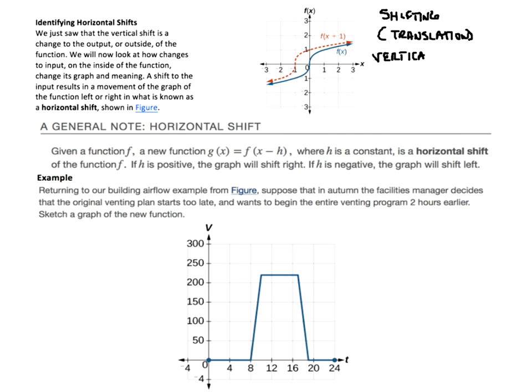When you're shifting vertically, you're going to add or subtract outside the function. You can think outside, output, and the output is the vertical variable.